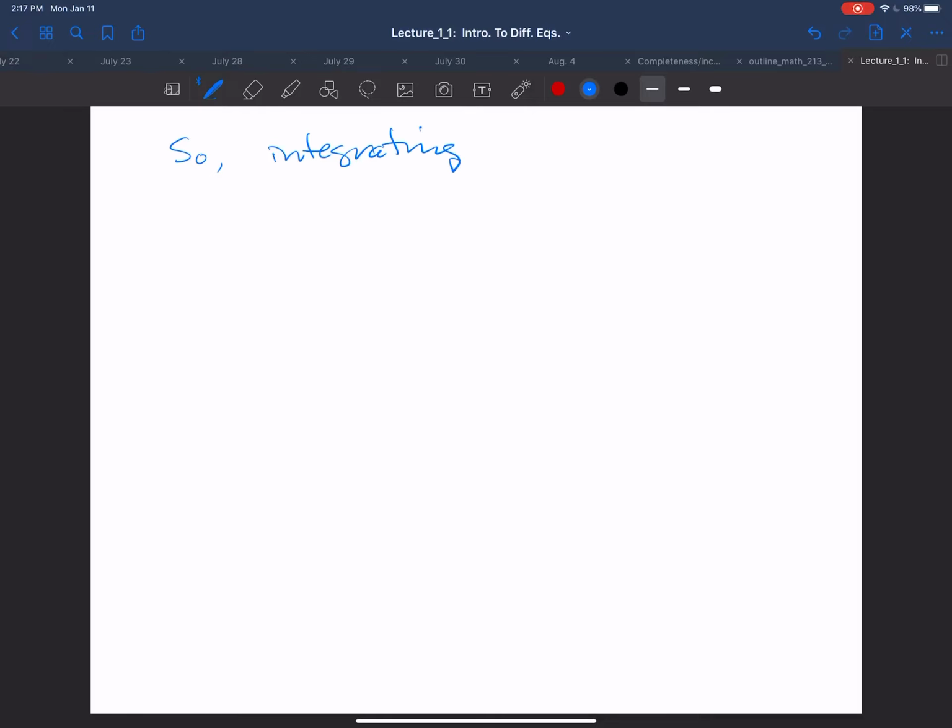So we saw that we could perform a separation of variables, getting all the x's on the left-hand side of the equation and all the t's on the right-hand side.